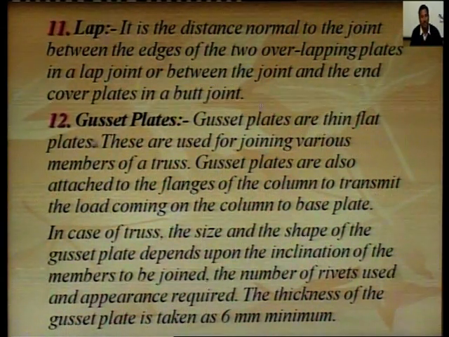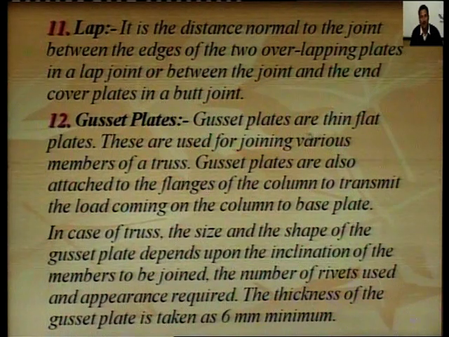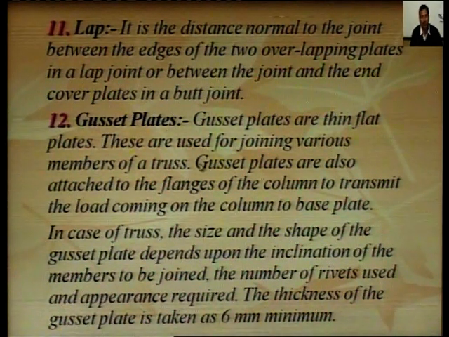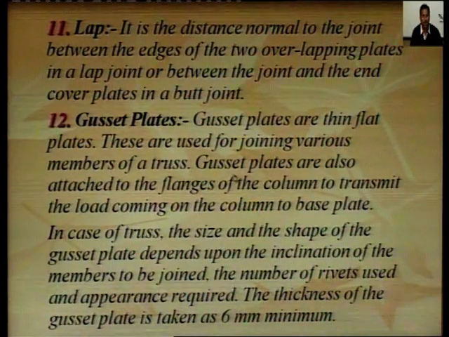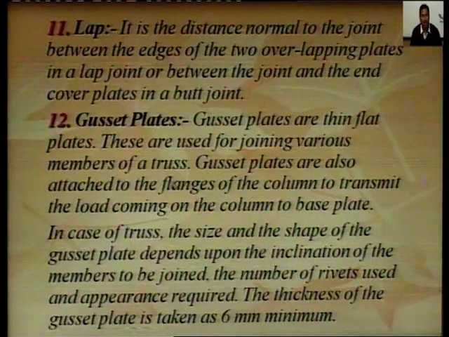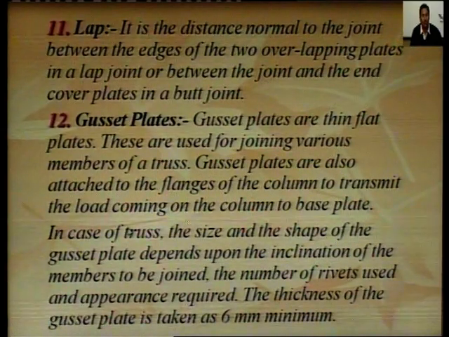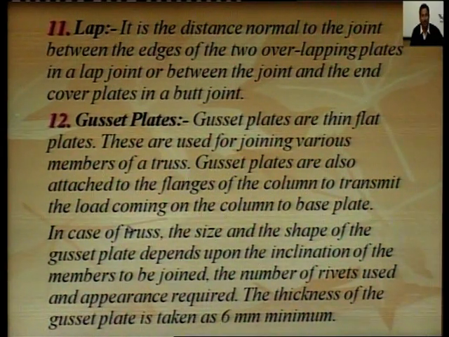Next definition is gusset plate. Gusset plates are thin flat plates. These are used for joining various members of a truss. Gusset plates are also attached to the flange of the column to transmit the load coming on the column to the base plate.